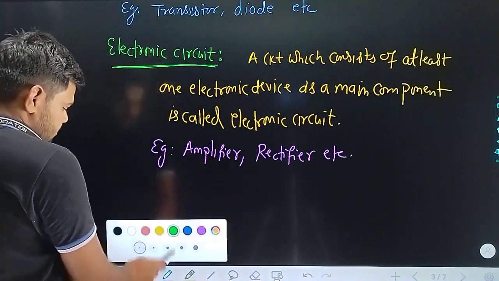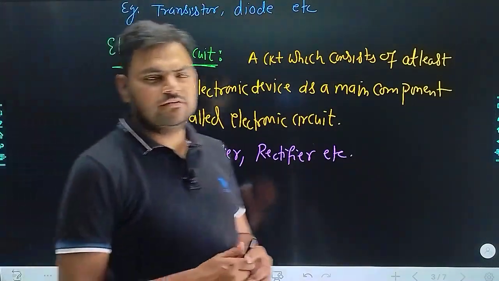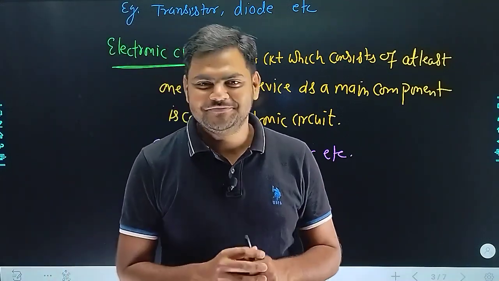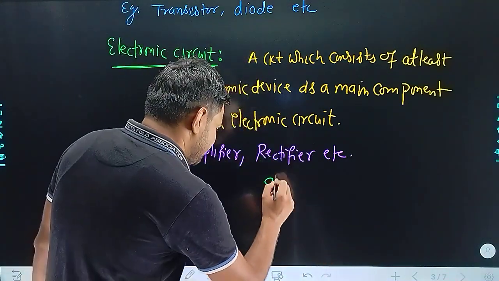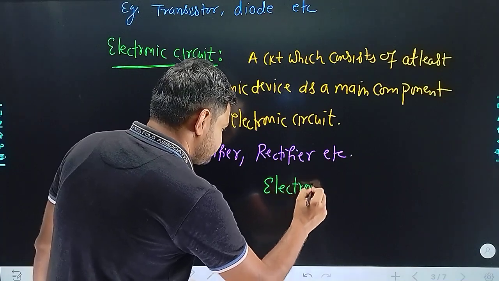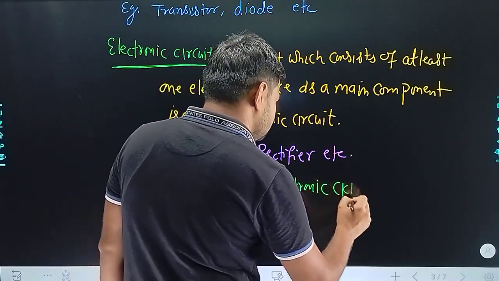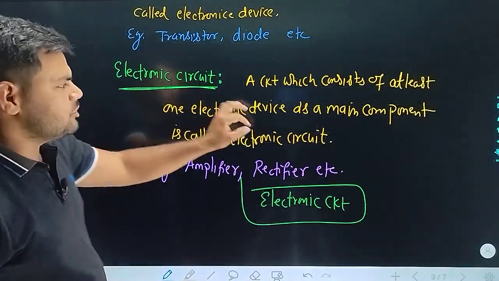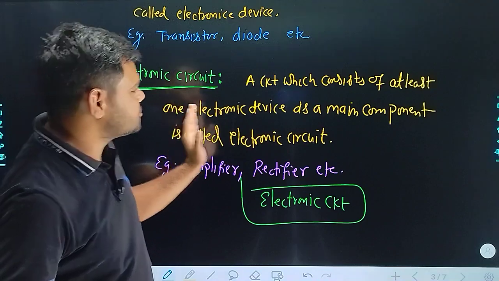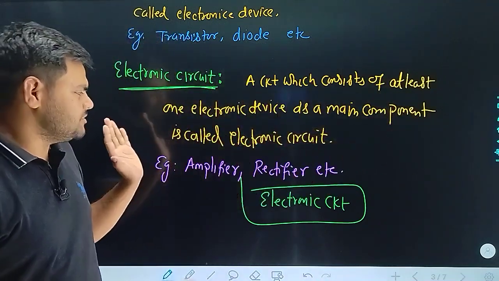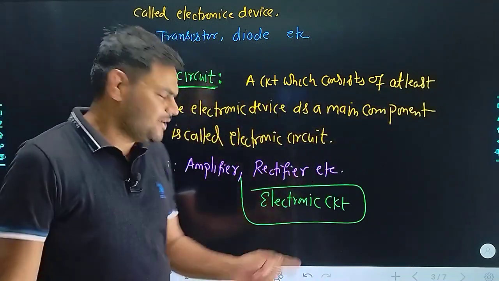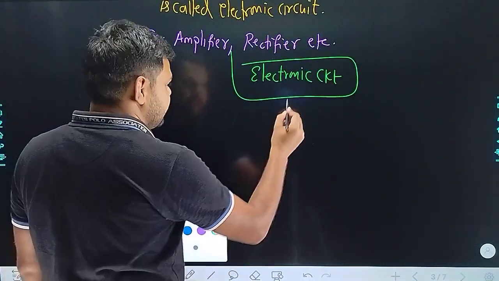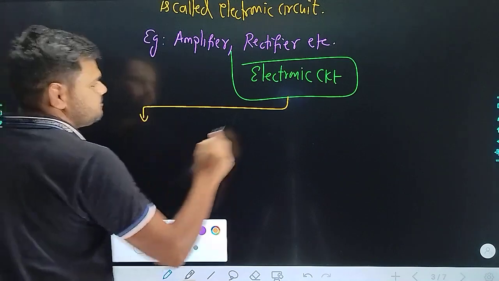If we talk about the types of electronic circuit, what are the various types of electronic circuit existing in the world? So the electronic circuits are mainly classified into three categories. First, note it down. Immediately pause the screen right now and just note each and everything which I have written over the board. Now I'm going to scroll first. So there are three categories of electronic circuit existing in the world.